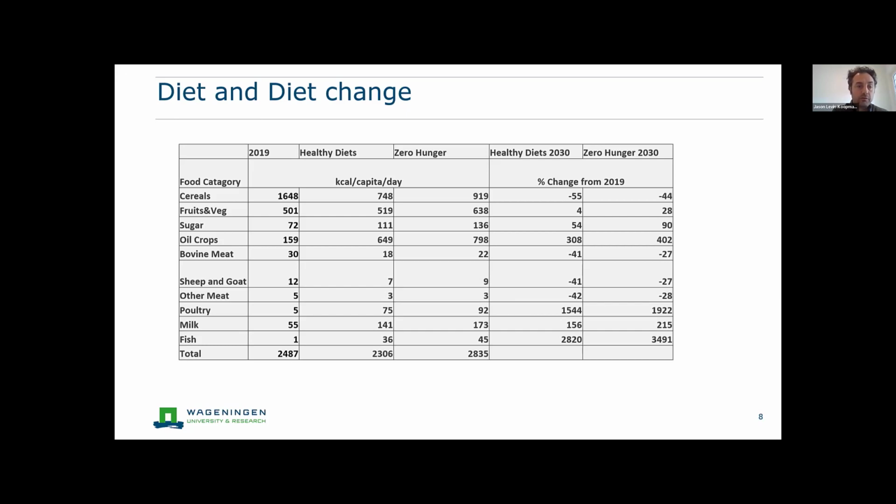As you see, the consumption of cereals goes down. So it's not just an increase in calories, but really a shift in the calories consumed. And then on the right-hand side, this is the percentage change shocks that are imposed on the model.